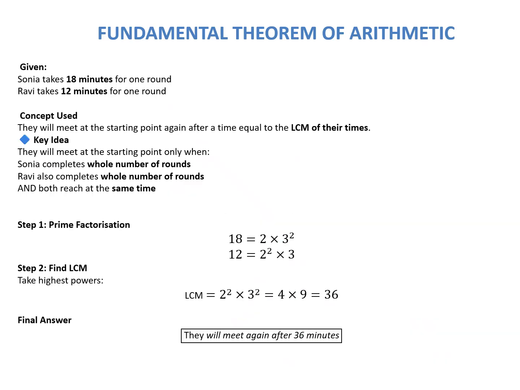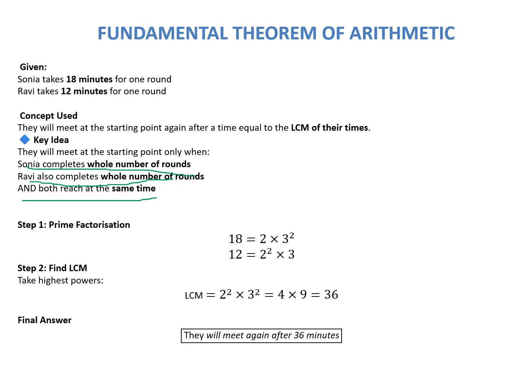Okay, so in the problem that we have, we have to apply the logic of LCM here, because this is a situation wherein a repetition is going to happen. And repetition largely happens with the lowest common multiple, when a particular multiple of rounds is completed. So in this case, Sonia completes a whole number of rounds, and Ravi also completes a whole number of rounds before they can meet together.